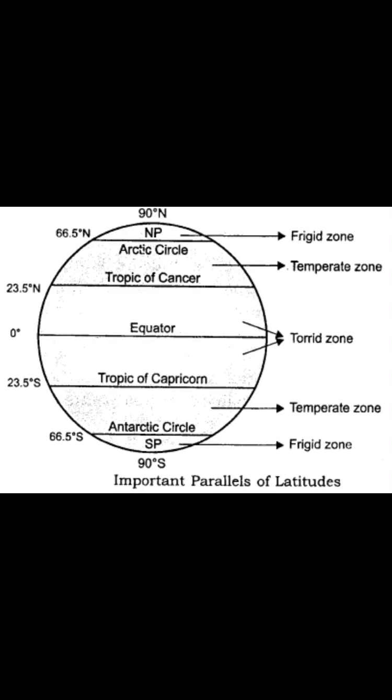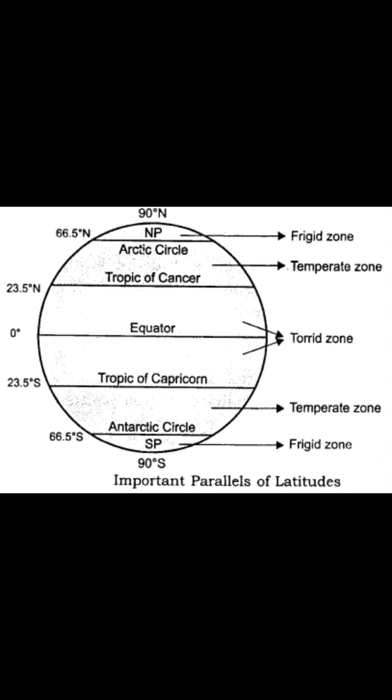You have to learn there are 181 degrees of latitudes in all. Underline, students, this line given on page number 7 in the topic latitudes, second paragraph of latitudes, last line.